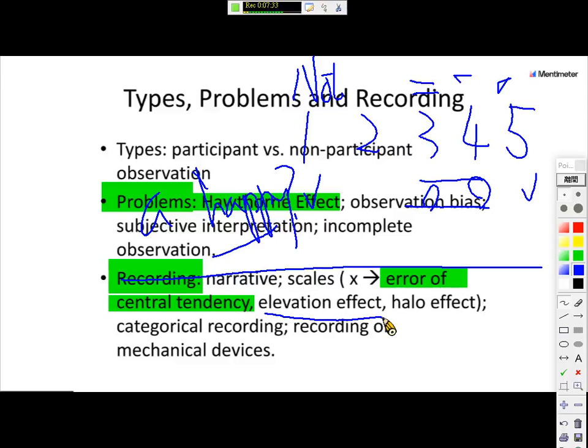And also there is a so-called halo effect. What is the halo effect? A halo is like some kind of a ring above your head, right? Just an angel. This is the so-called halo effect. What does that mean? A person's performance is sometimes judged by his name.